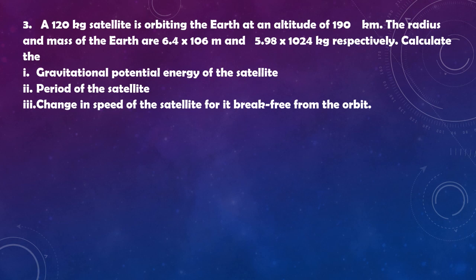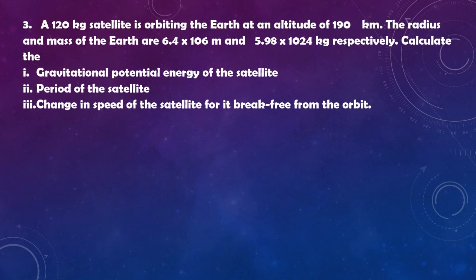Question number 3 is included in your tutorial. I forgot which number it is. It's also a past question, 2014-2015. We look at the last question here, number 3. A 120 kilogram satellite is orbiting the Earth at an altitude of 190 kilometers.